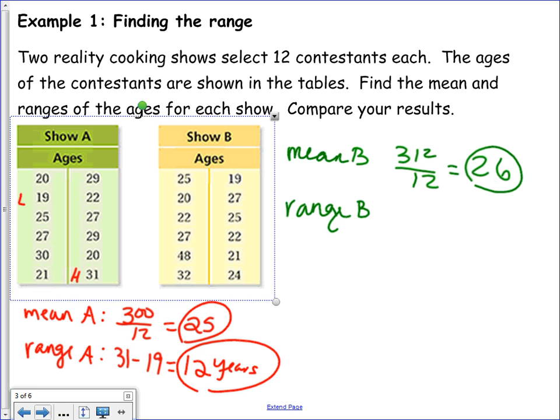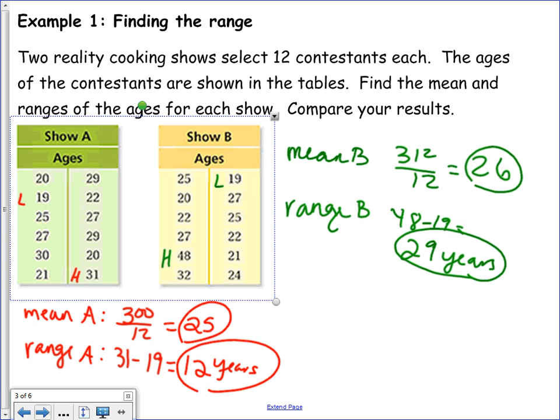The lowest value is still 19, but the highest value is 48. So we have 48 minus 19, which is 29 years. So we have 26 for the mean, and the range is 29 years.